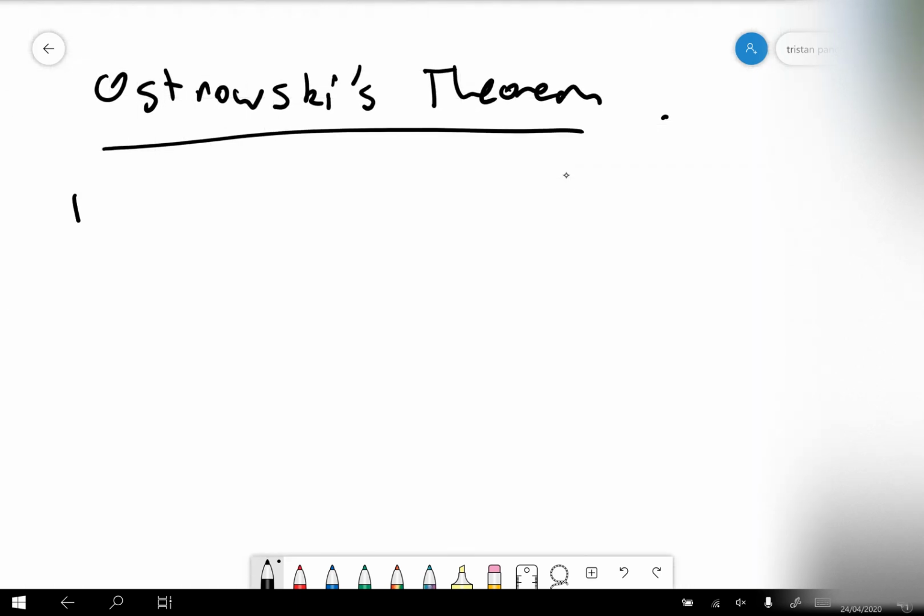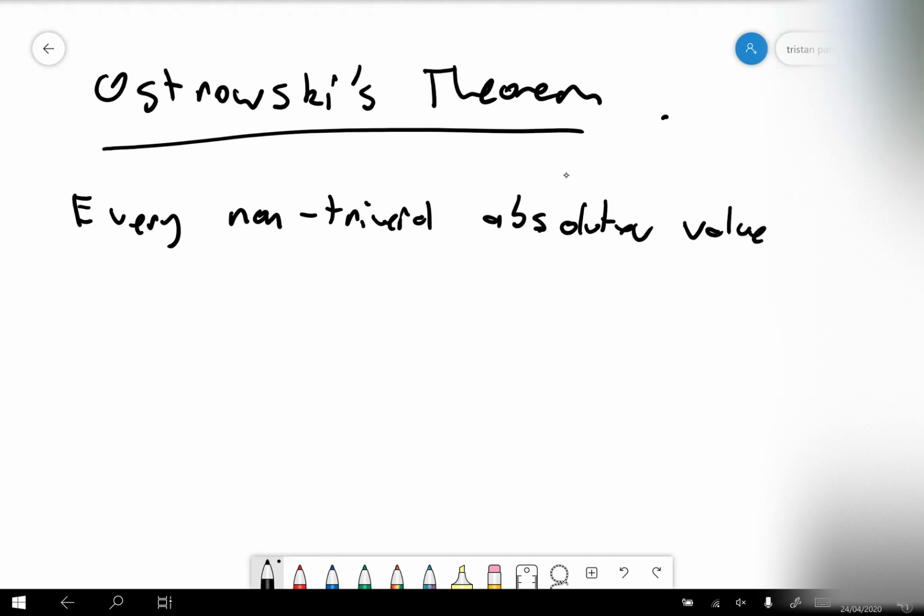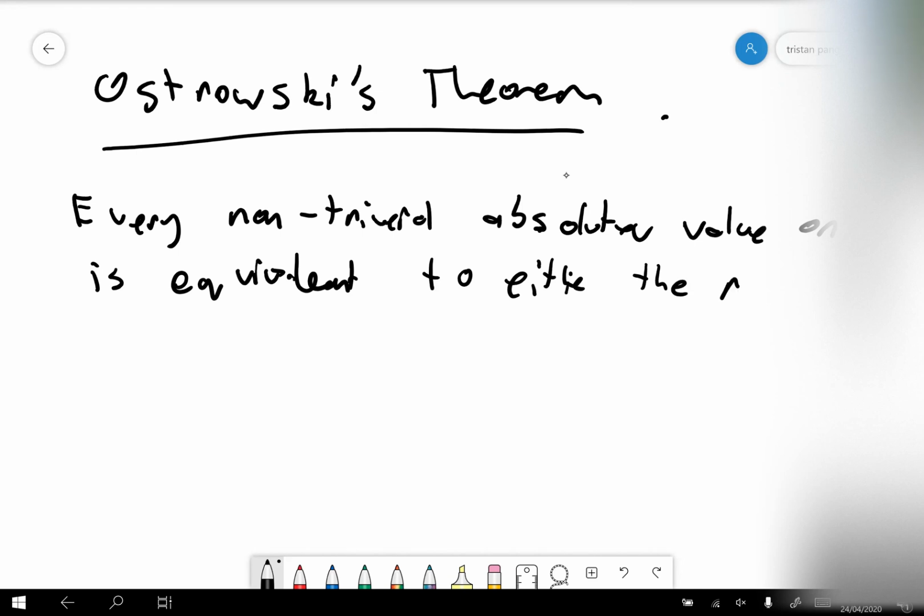It states that every non-trivial absolute value on the rational numbers Q is equivalent to either the real absolute value or the P-adic one.